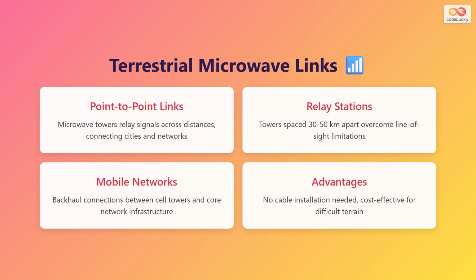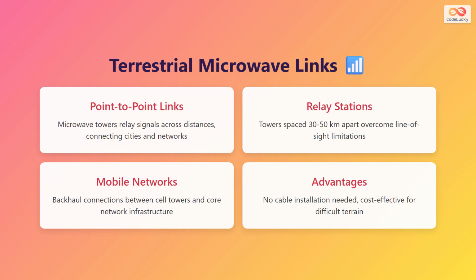Terrestrial microwave communication uses ground-based towers to relay signals across distances. Point-to-point microwave links connect cities and networks by transmitting data between tall towers equipped with directional antennas. Because microwaves require line-of-sight transmission, relay stations are positioned 30 to 50 kilometers apart to overcome obstacles like hills and buildings.